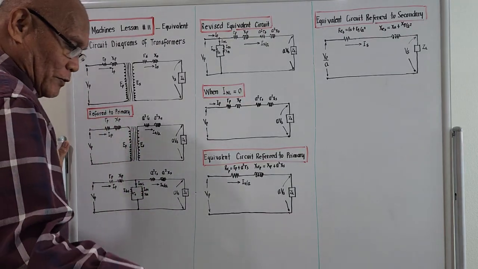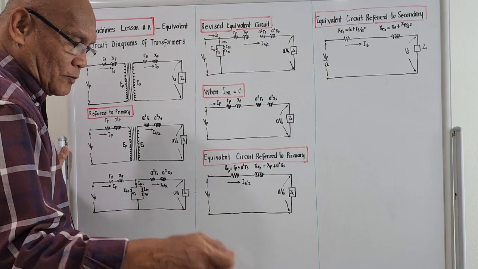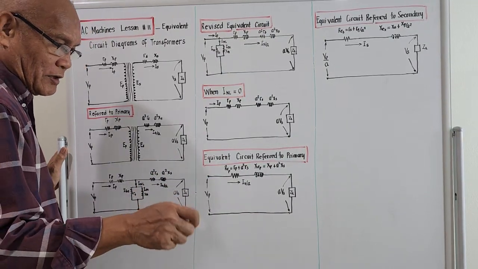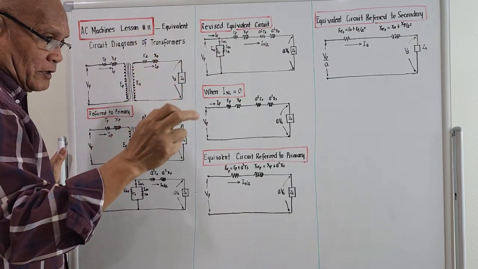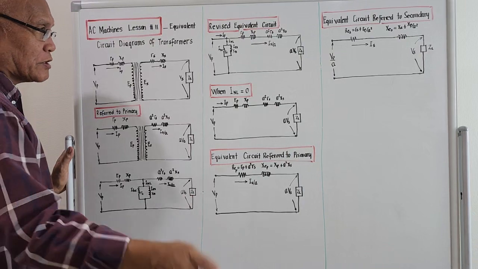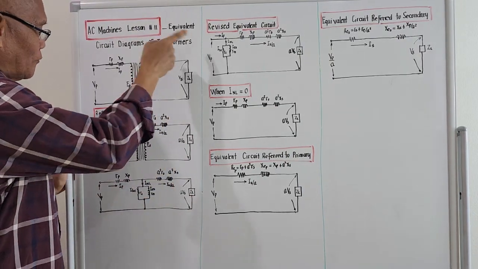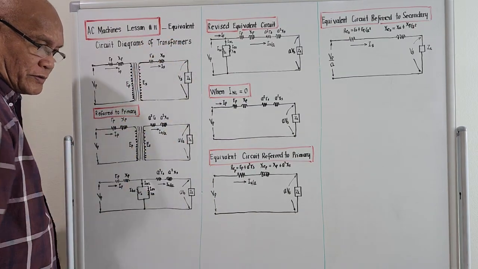So, for those of you who are following my channel under the long video format discussion alternating current machines, we are now on lesson number 11. And the title of lesson number 11, okay, we are in sequence, is Equivalent circuit diagrams of transformers.